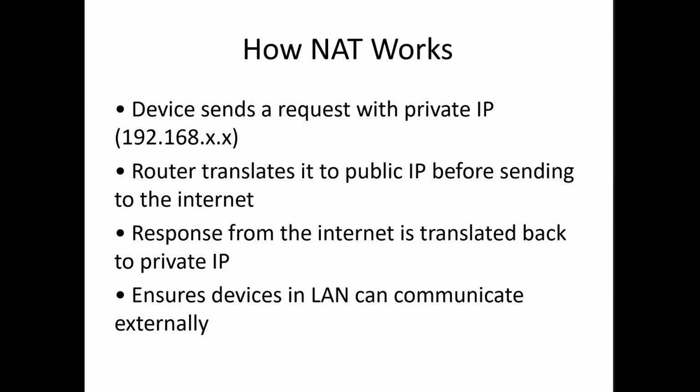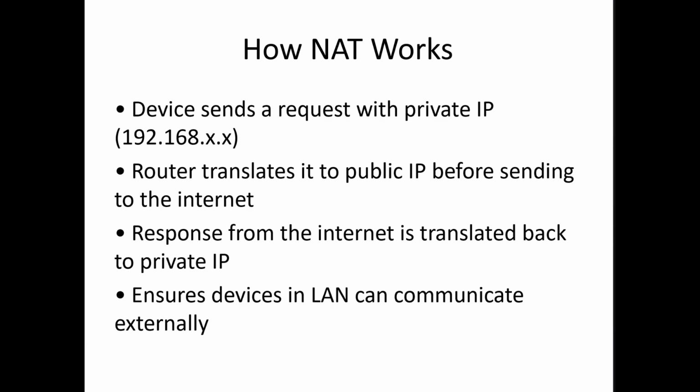Now let's understand this better with an example. Let's say we have a device, your laptop, sending a request from a private IP address to google.com. The router will replace this IP address with its public IP address, let's say 203.0.112.4, any public IP address.